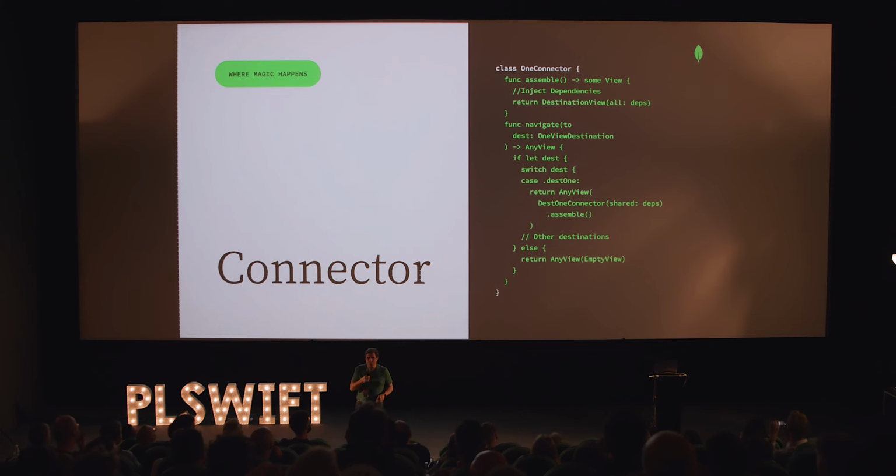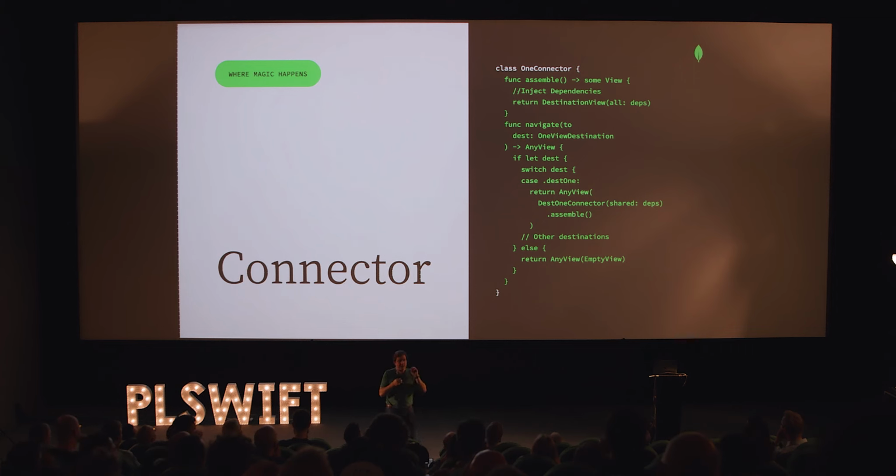The connector will have basically these two functions that you have here. One is assemble. It is the one that is responsible for knowing how to assemble the parts for a view. So it knows for each view what is the view model that is required for that, and any other dependencies that have to be put in place for the view.